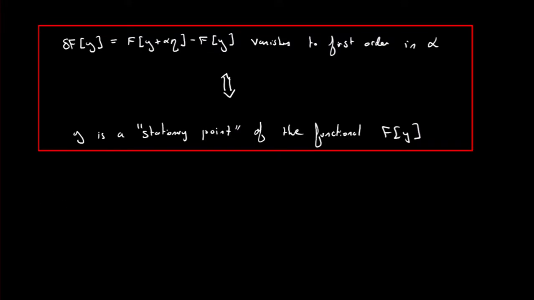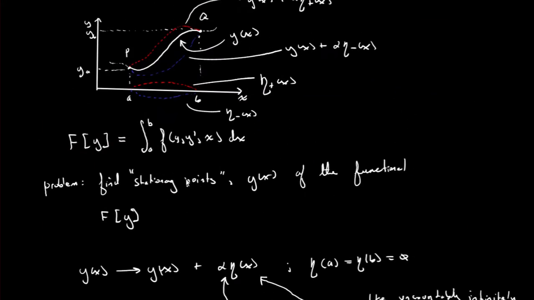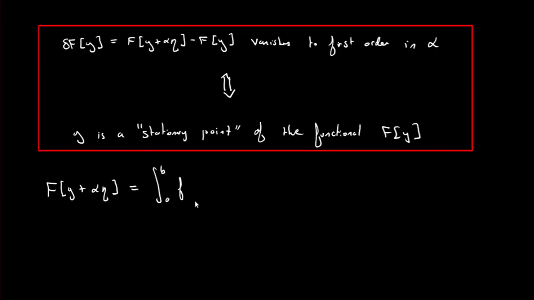Well, we're just going to start by studying F of y plus alpha eta, and this is clearly just going to be the integral from a to b of lowercase f, and looking at our definition up here, y is just going to become y plus alpha eta, so that's going to become f of y plus alpha eta.